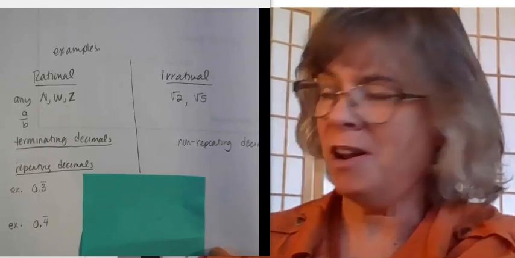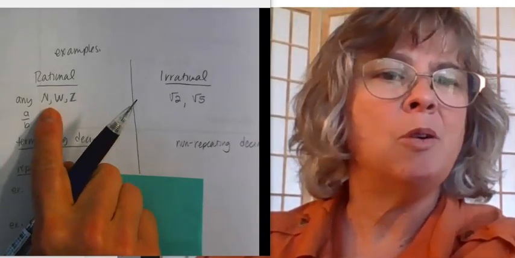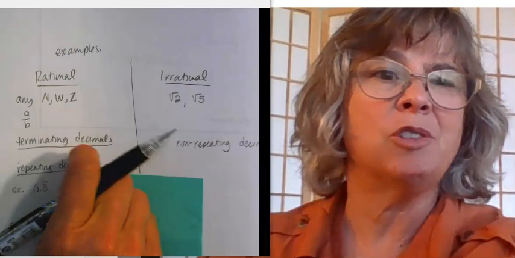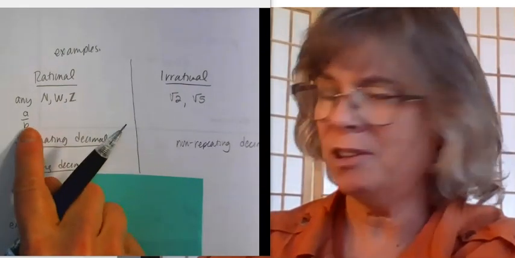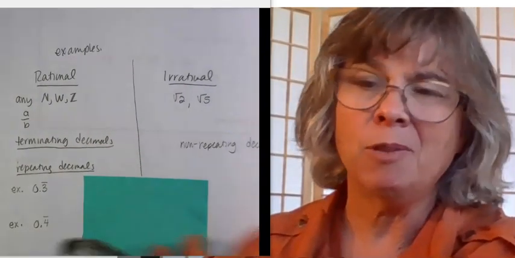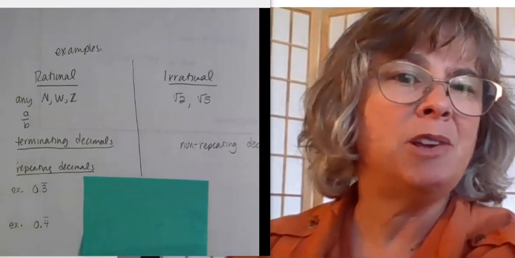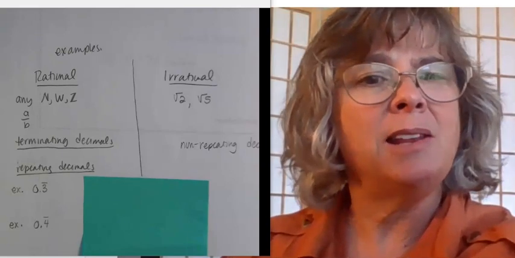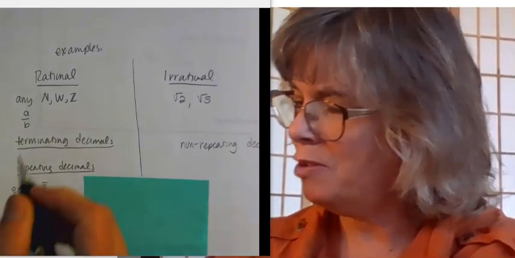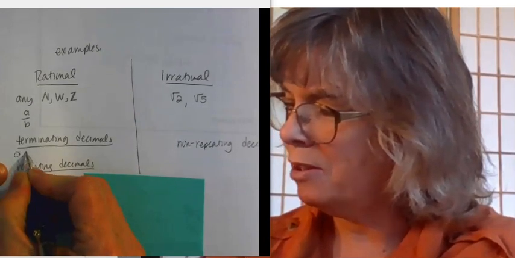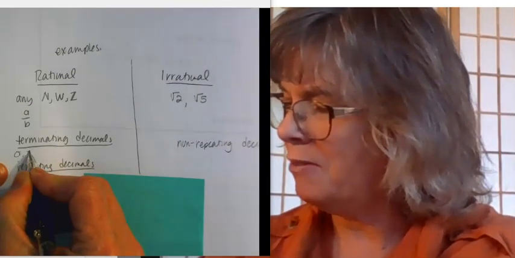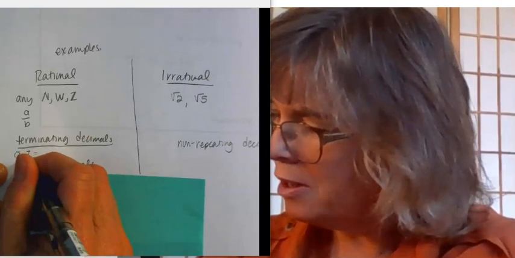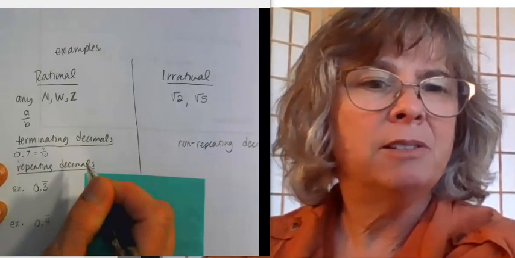Rational numbers are any natural number, whole number, integers. Those are all considered rational. It's a number that can be expressed as a over b, where b is not equal to 0 and a and b are both members of the set of integers. Terminating decimals, and let's explain why. If you have 0.7, that's equal to 7/10.